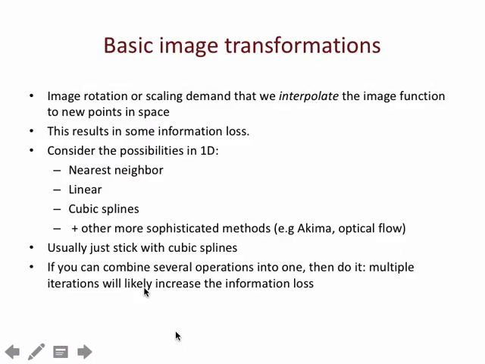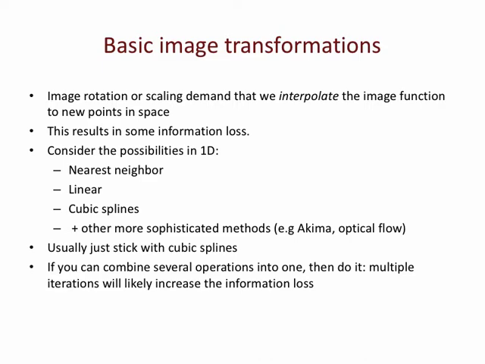So basic image transformation is that you might do some scaling of the data or rotating the data, and in that case, you're going to interpolate in between the points you have, and we're going to do an exercise to that extent. And the moment you do that, you're going to introduce some data into your image that was not there.